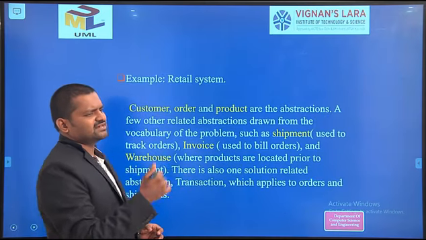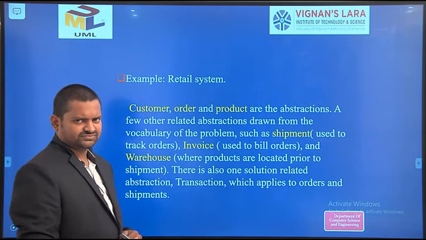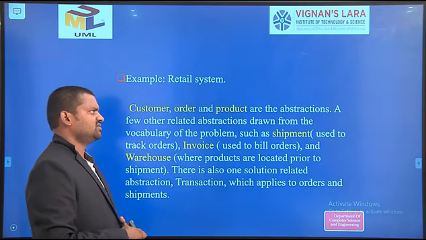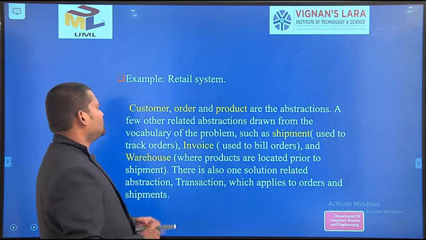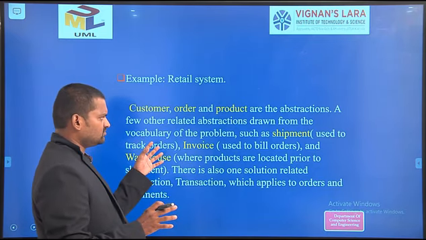See, this example tells us what is going on. Customer is one class or one vocabulary abstraction; order and product are also abstractions, a few relevant abstractions drawn from the vocabulary of the problem.